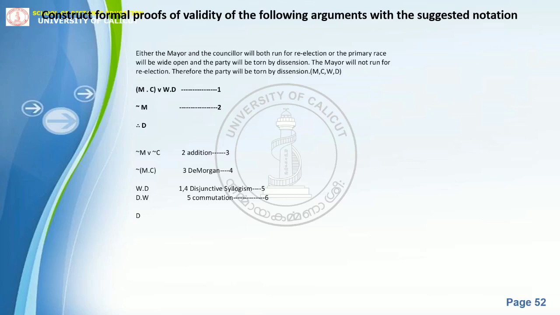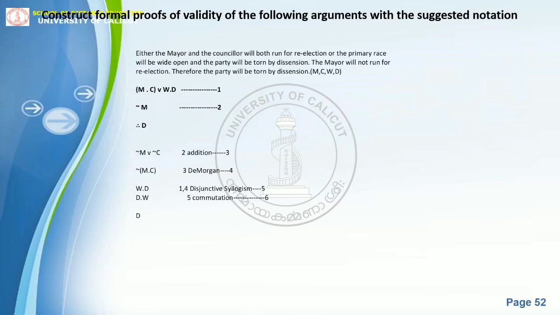Now I am checking whether any derivation is possible. I have checked the first and the fourth premise and found that disjunctive syllogism can be applied here. That is, 1, 4 disjunctive syllogism gives W dot D, numbered as 5.